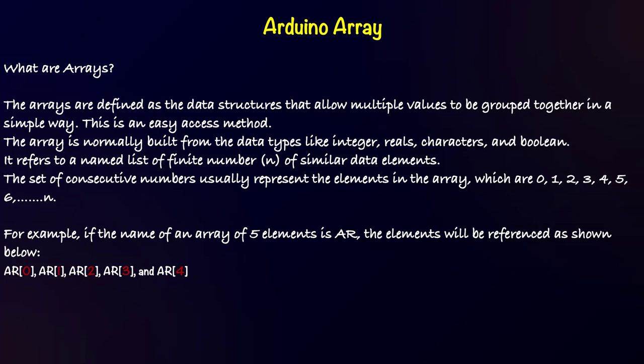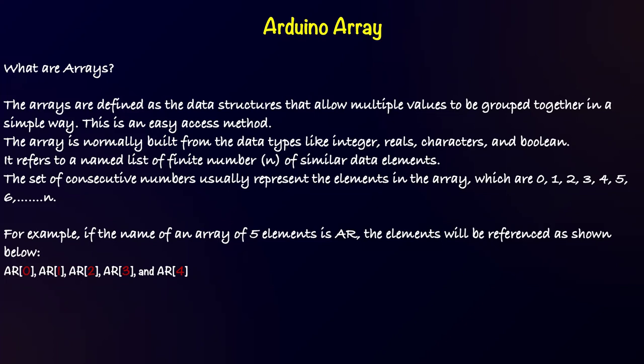The name of this grouping we have kept as AR, short form for array. Each element would be named like this: the first element would be AR[0], the second AR[1], the third AR[2], and so on. This is what referencing in an array means.